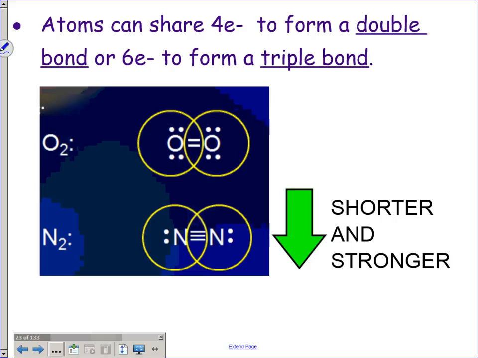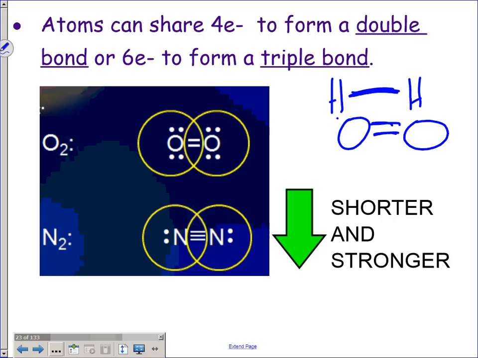Sequentially, a single bond, and I'm just using hydrogen as an example, is long and weak compared to the double bonded nature of something else like oxygen, or sequentially even shorter when we get to triple bonds. An example of that would be nitrogen.